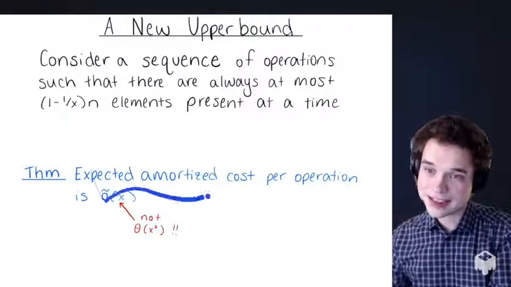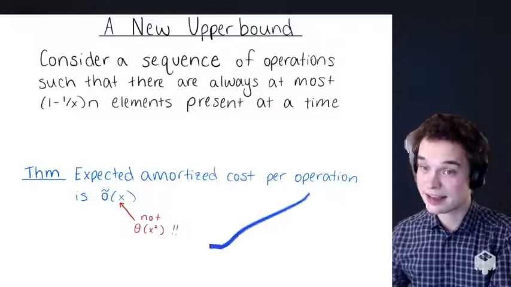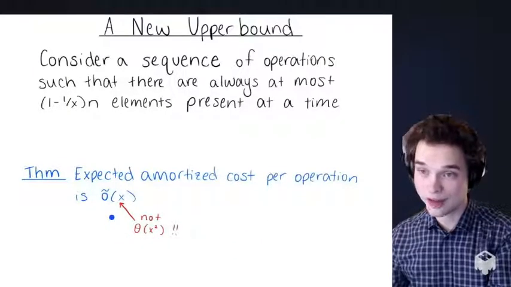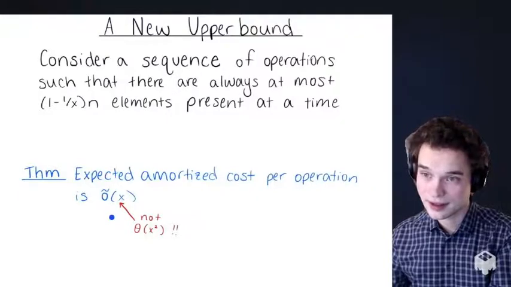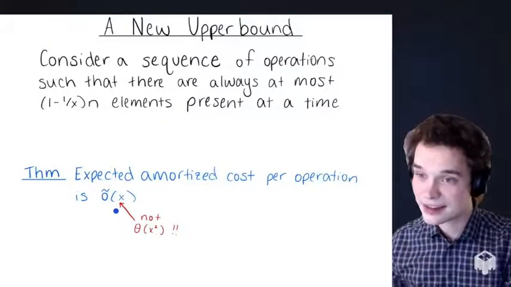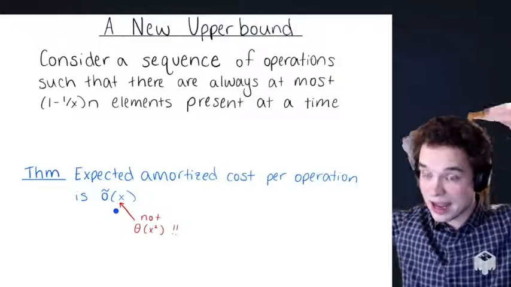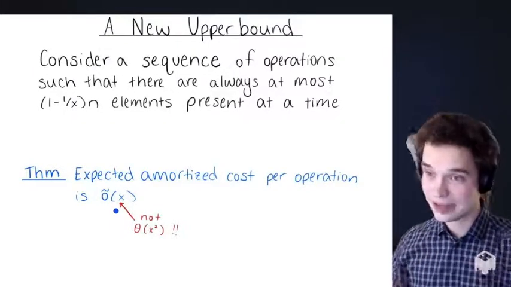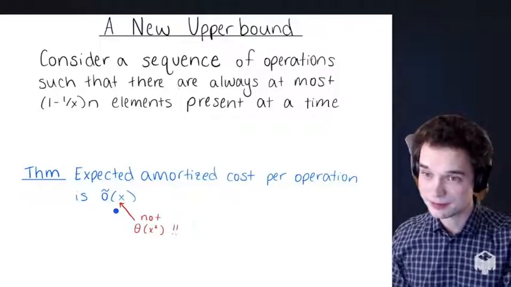Then it turns out the expected amortized cost per operation isn't actually order x squared. It's actually soft O of x. So in an amortized sense, when you're operating at a high load factor, the effect of tombstones is actually to almost entirely eliminate the effects of primary clustering.